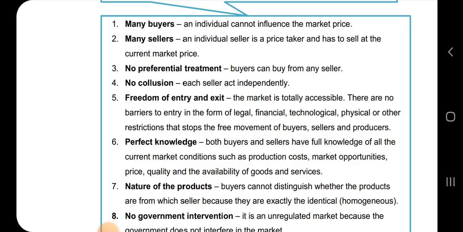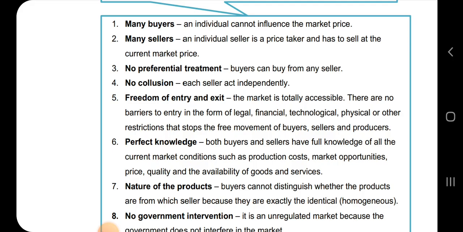In a farm, there are just different buyers. There's a lot of people there selling tomato, onions, and whatever vegetable or fruit. Everybody can just plant and sell, and there are many buyers. People who are buying them are a lot. People who are selling there are also a lot. There is no preferential treatment, so buyers can buy from whoever they want, right?